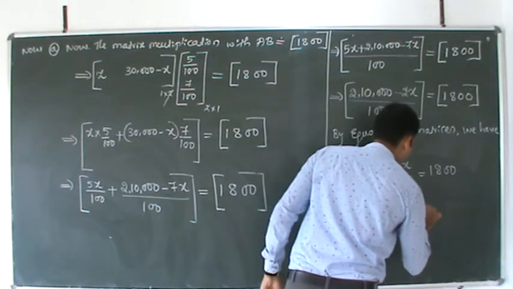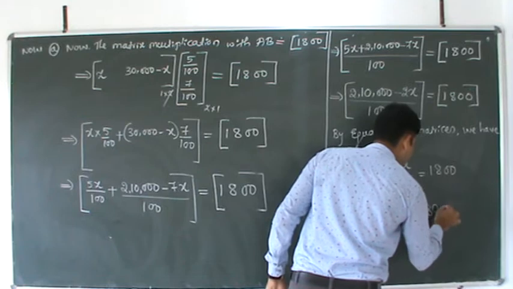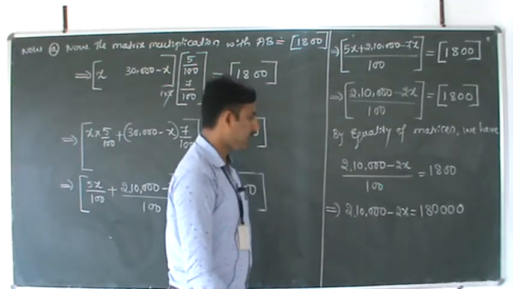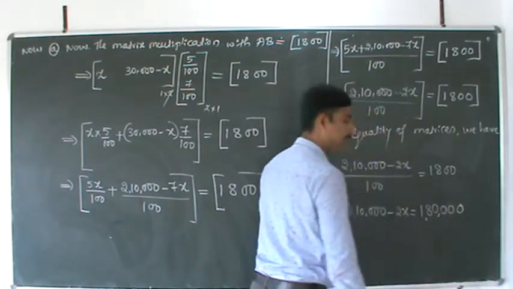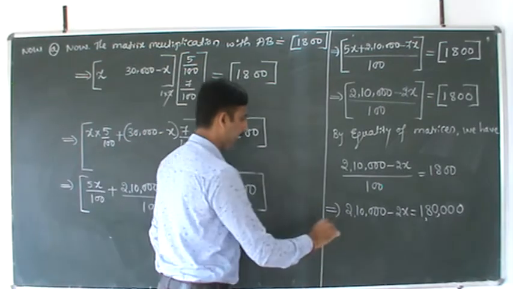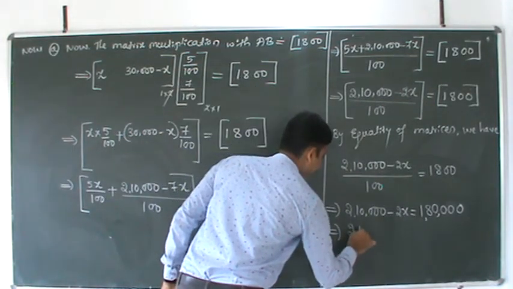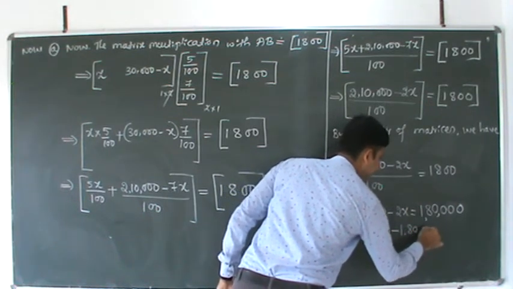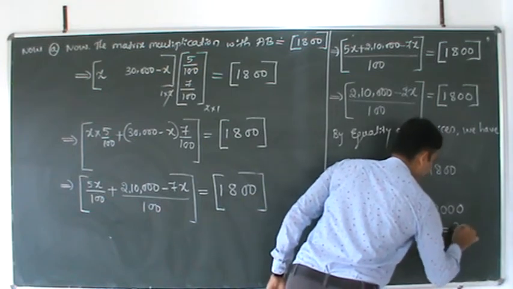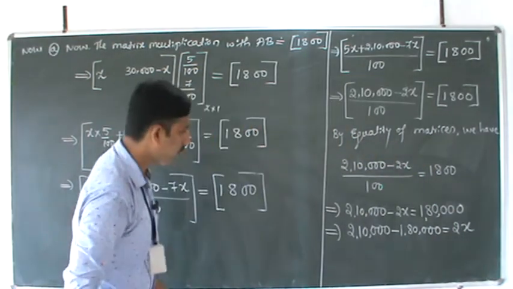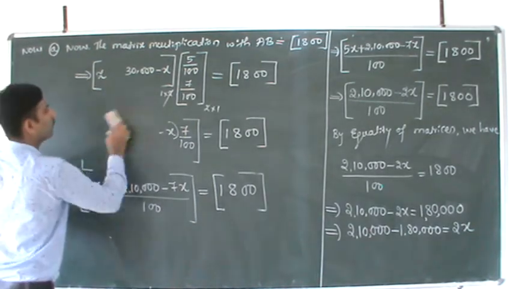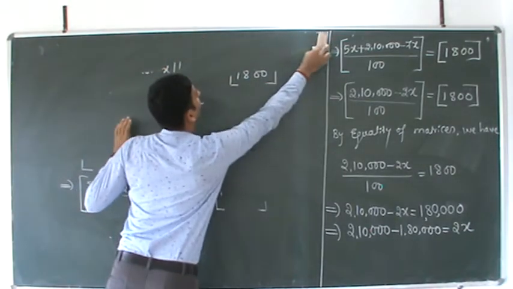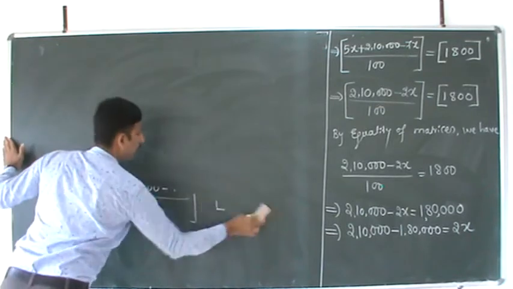What is the value? 18 we have double zero previously, then you add again 2 zeros because of multiplication. It becomes 1,80,000. Correct? After that, you must subtract 2,10,000 minus 1,80,000, which is equal to 2x.